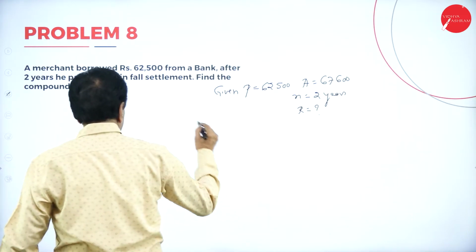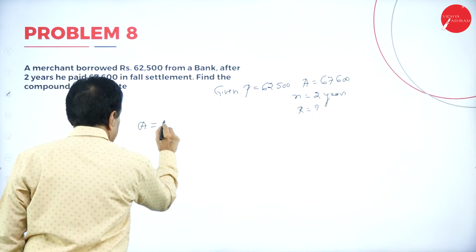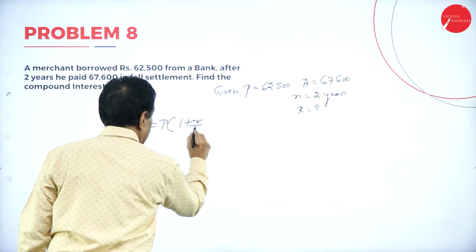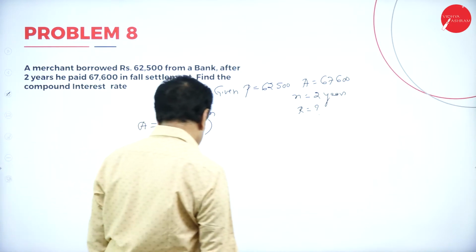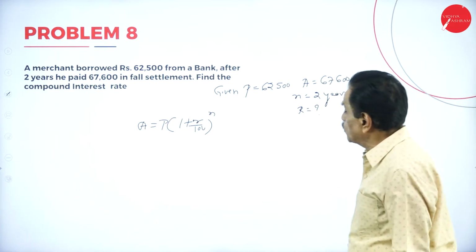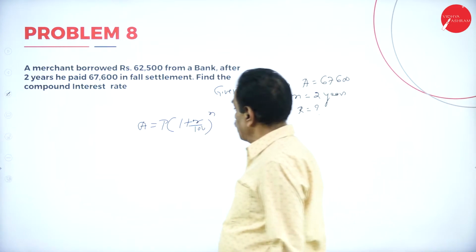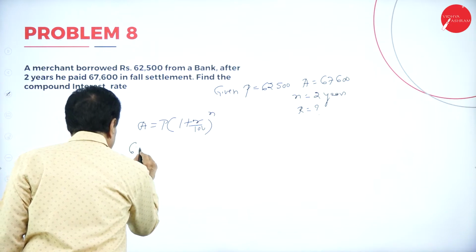Apply the formula. A is equal to P times (1 plus R over 100) to the power of N. This is the formula. You have to slowly apply. What is your A? 67,600.